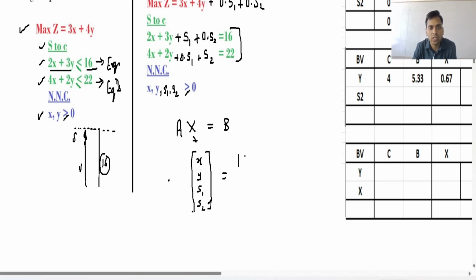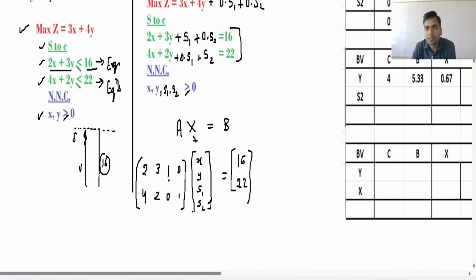So this is 16 and second is 22, two constants, and this A is the coefficient of these variables. So for the first variable x the coefficients are 2 and 4, for y they are 3, 2, and for S1 and S2 they are 1, 0 and 0, 1.